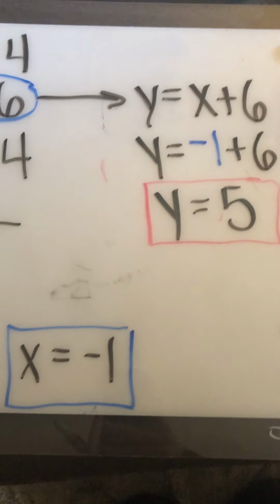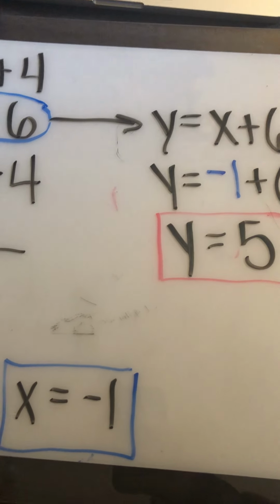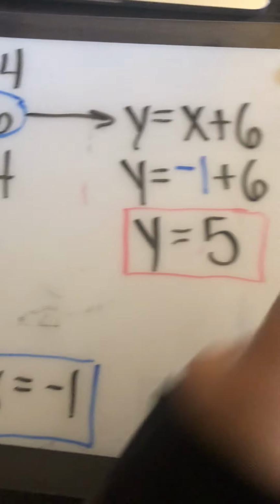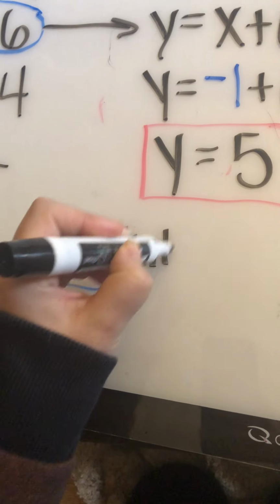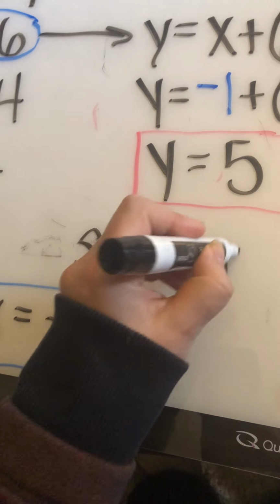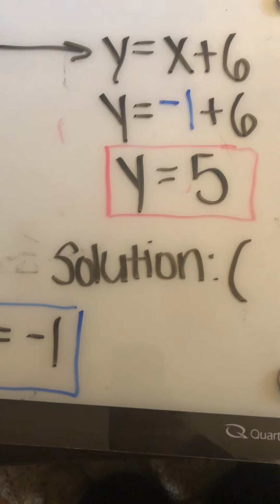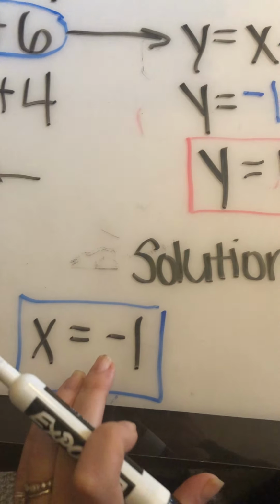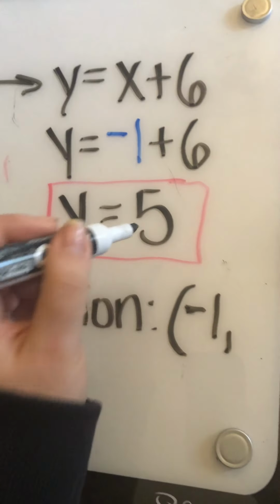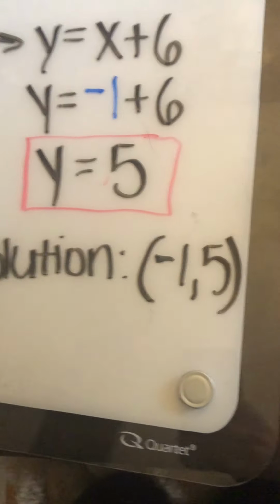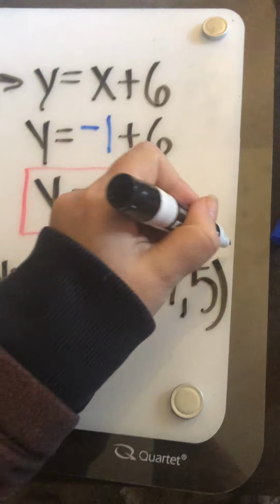So the last thing you have to do is just identify your point, which is your solution. So you write your solution and you write it as a coordinate. Remember, coordinates always x comma y. So it's going to be -1 comma 5. And that's your final answer.